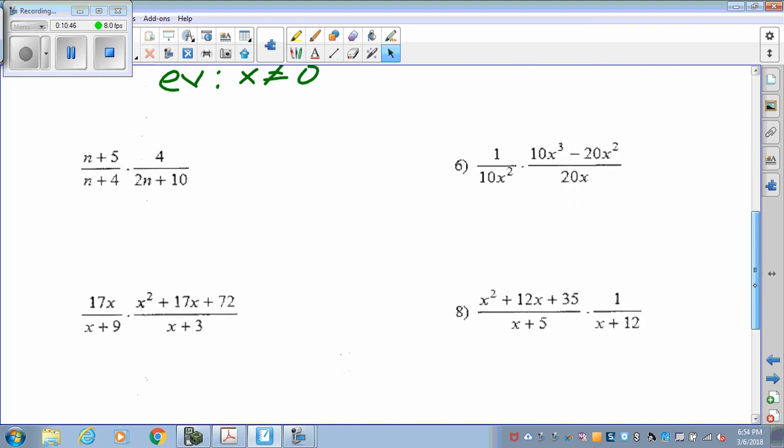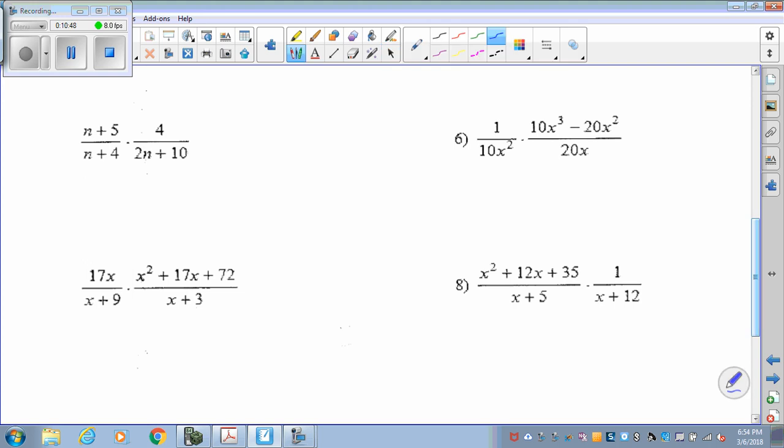Okay. Now, for this next one, I can't reduce these anymore, right? And then I'm multiplying by 4 over that. Well, this 2n plus 10, so I've got n plus 5, it's going to stay like that, and n plus 4 cannot be reduced. But the 2n plus 10, they both are even, so 2 is a common factor.